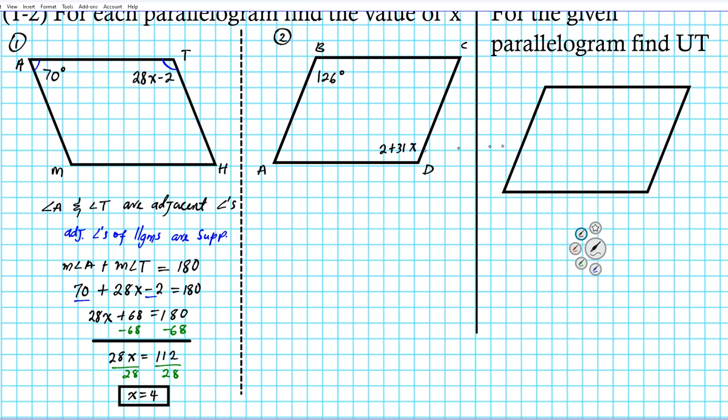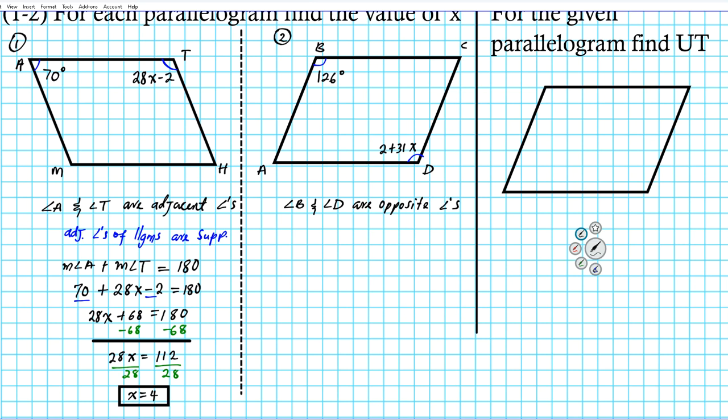These are the two angles under consideration, the given and the expression. What's the relationship between these two angles? They're opposite each other. Next to each other is adjacent, and this is opposite, facing each other like this. So angle B and angle D are opposite angles.